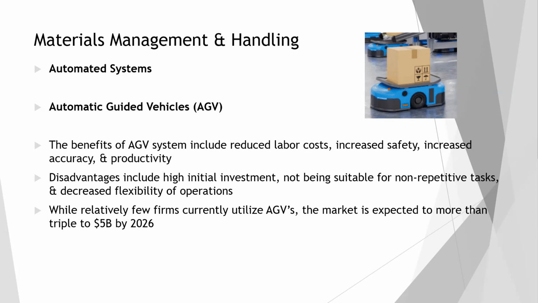So if the AGV is going to be doing something different every time, it's probably not best to use an AGV. While relatively few firms are currently utilizing AGVs, the market is really expected to grow. It's expected to more than triple to $5 billion by 2026. So this is something that's really catching on in supply chains.